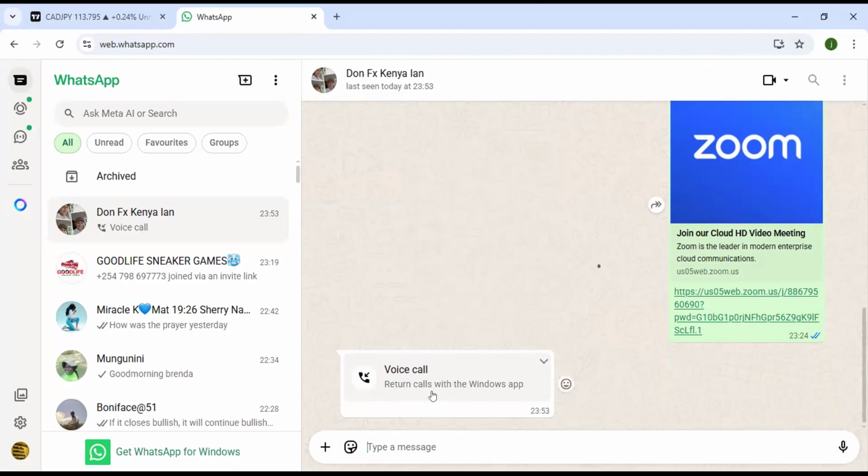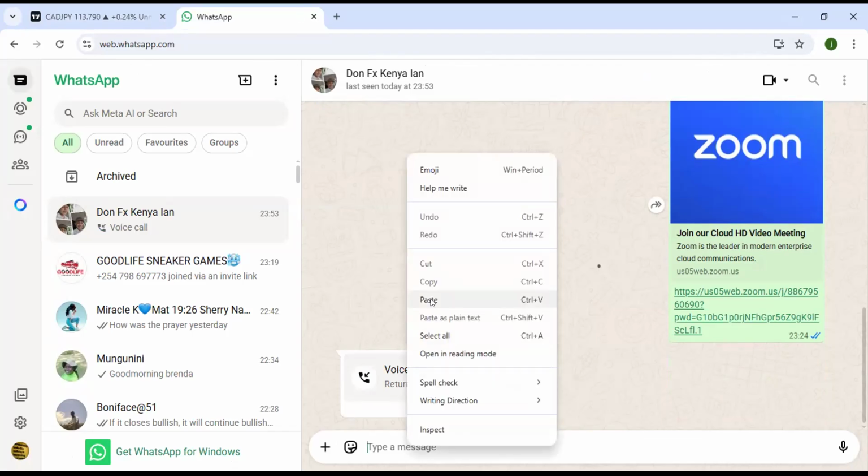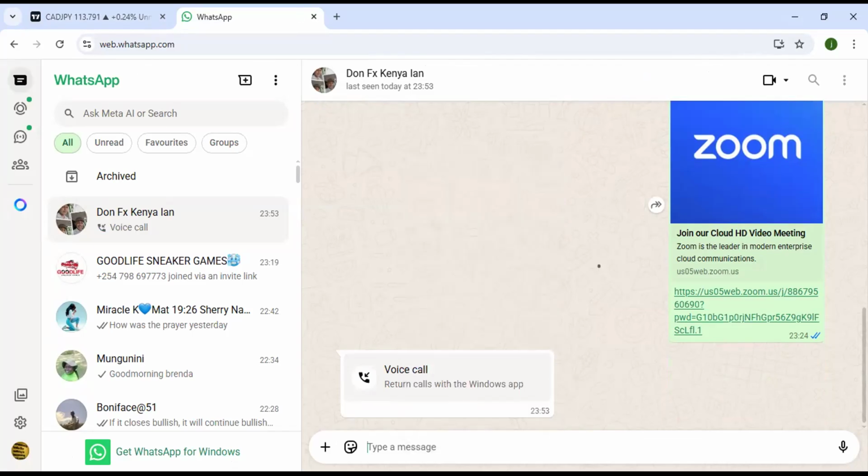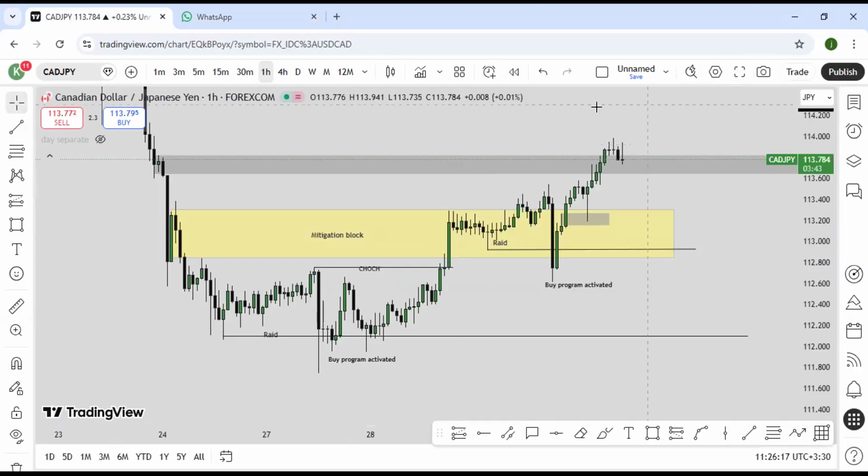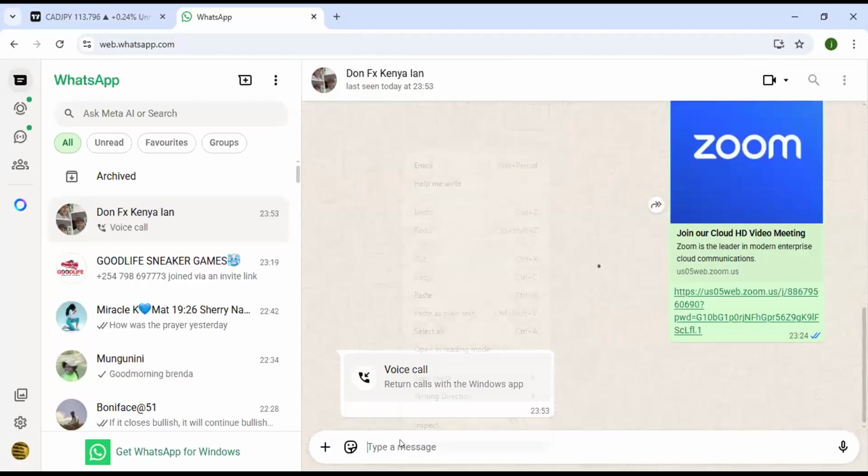I don't know why this thing is not working. I'm trying to paste it. I've come here and copied. You see here? Copy image. Copy. Then here, paste.